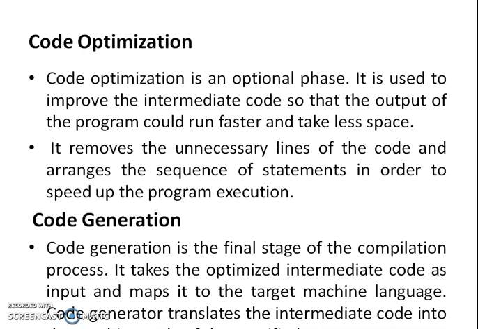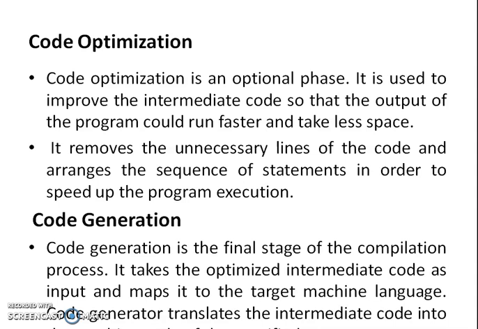And the last phase is code generation. This is the last phase of the compiler. Here the code generator takes the optimized representation of the intermediate code and maps it to the target machine. The code generator translates the intermediate code into a sequence of relocatable machine code.